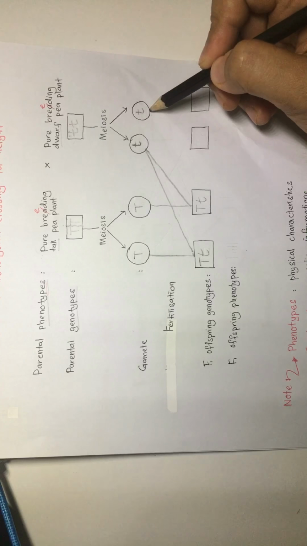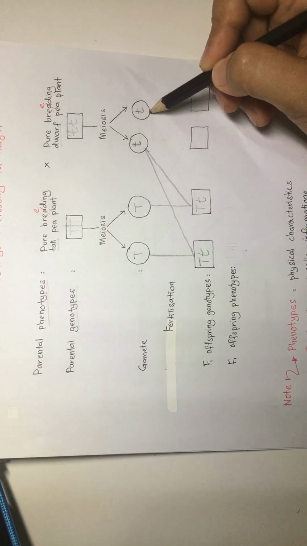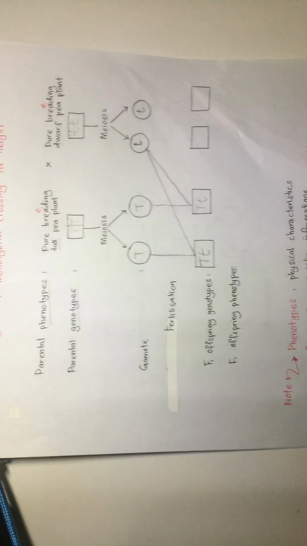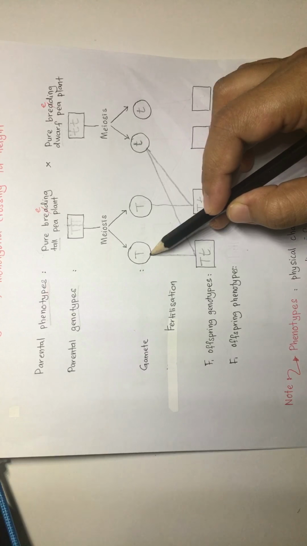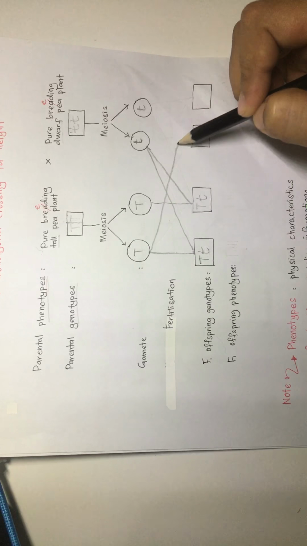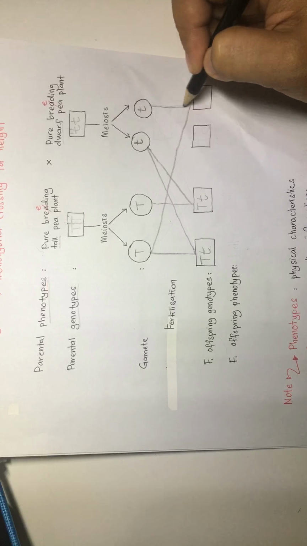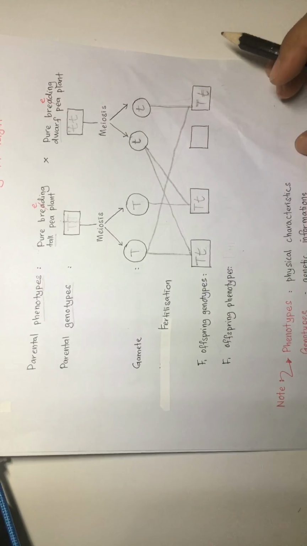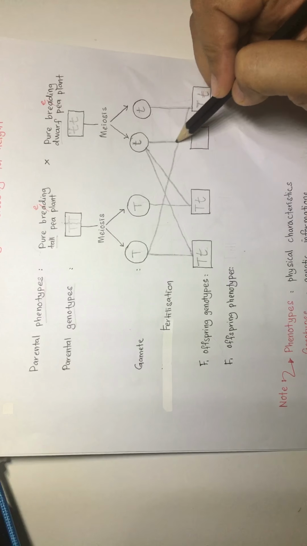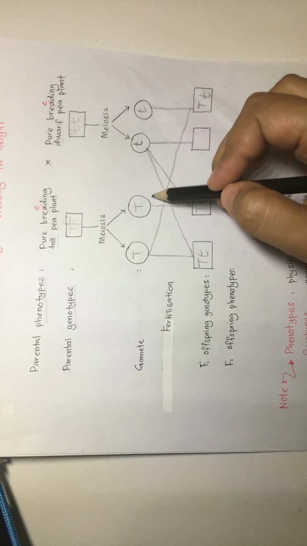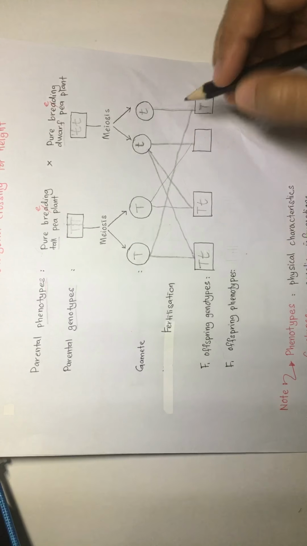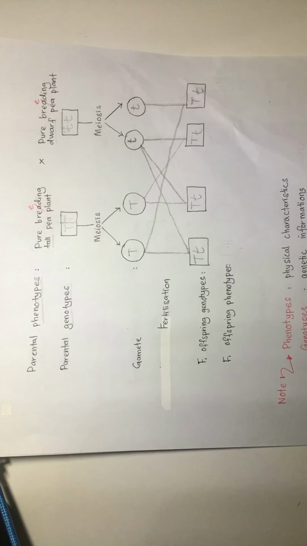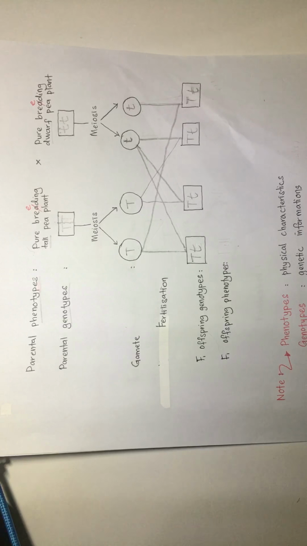And this gene will be combined to both, to this one and that one, capital T and small t. And the last one, this gene will be combined to that plant, capital T and small t. So those are the combinations.